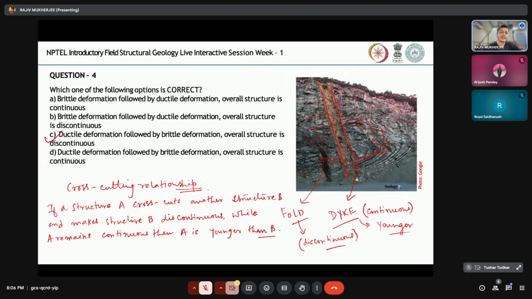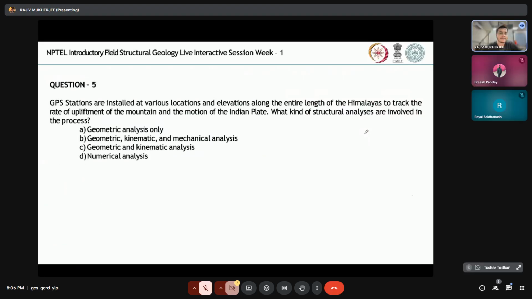Okay, so cross-cutting relationship is very important for establishing the stratigraphy of a region. Okay, so moving on to the next question.